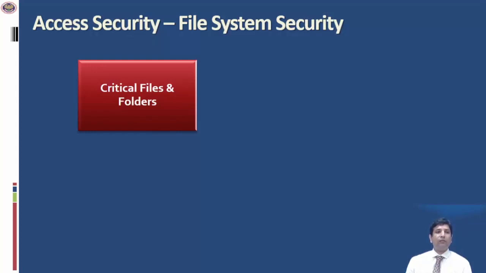So this is basically the physical storage of files and folders on the operating system. Access to the critical files and directories that contain sensitive information should be restricted to a limited number of users. Typically, these are the system administrators or the IT administrators.